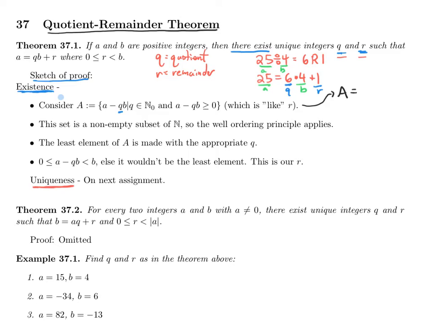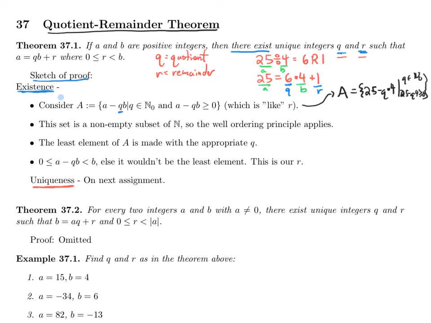So we're looking for all things of the form 25 minus q times 4, where q is a whole number, and our expression 25 minus q times 4 is greater than or equal to 0. That's the set capital A for this example.